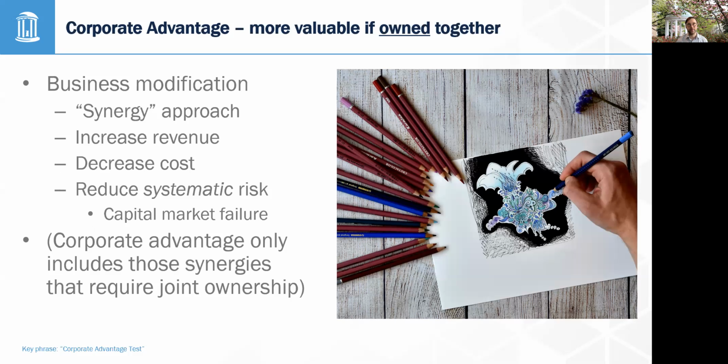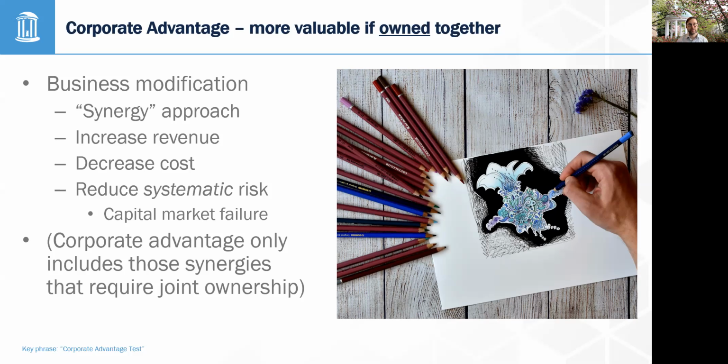They're creating some sort of synergy, and that might be increasing willingness to pay for one. It might be decreasing costs. And it may also be one-sided. It could be that one of the businesses is more valuable and the other business is less valuable, but the combination is more valuable than what the sum of the parts would be if they operated independently.